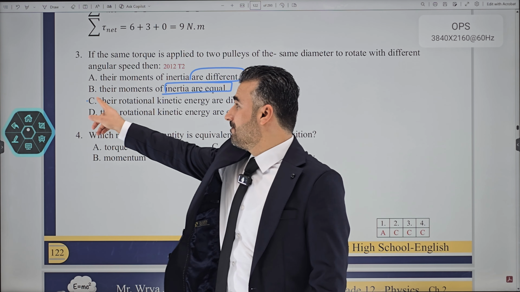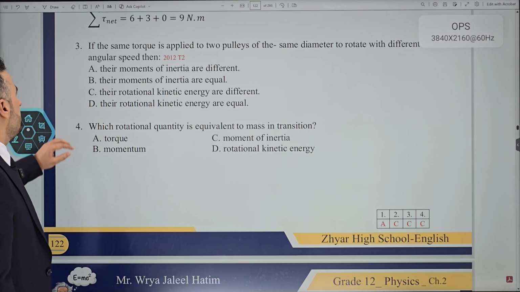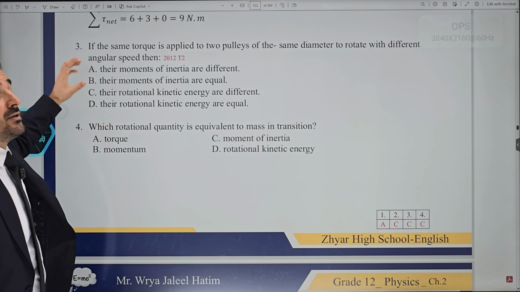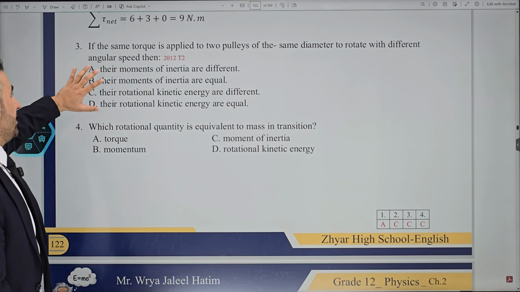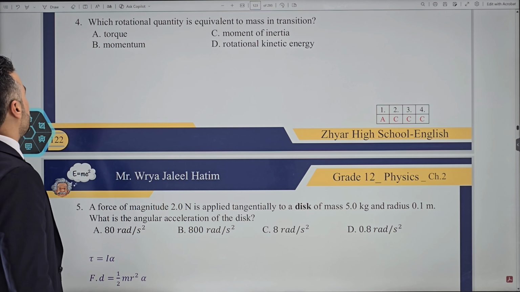Just remember, if this came up, you can choose C. Unless there's an update regarding this question, then the answer can be both C and A. But up to this point, there's no update, so we can just consider C to be the correct answer.